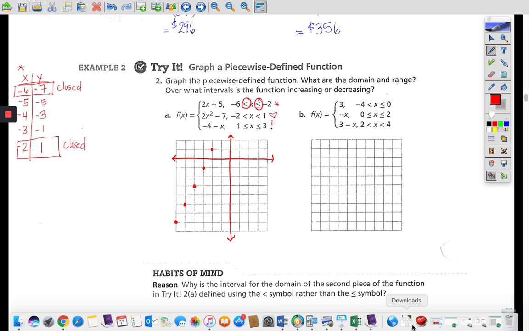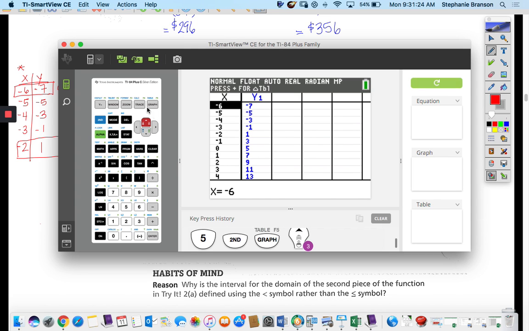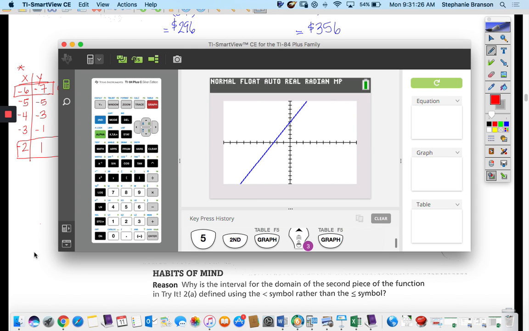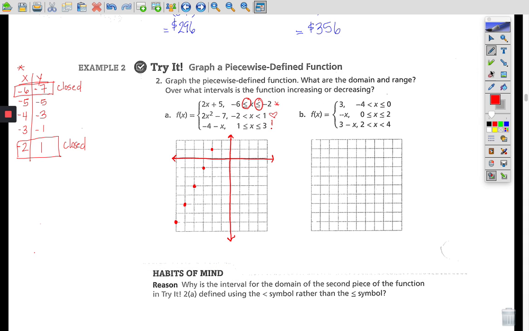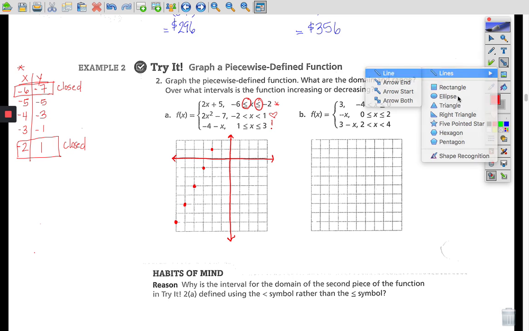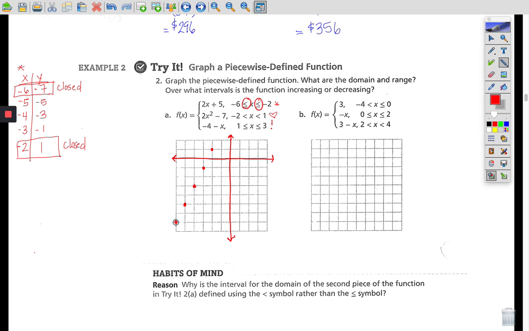To make sure that I draw this function correctly, it is a straight line, but I'm only going to connect these dots that I have here. Alright, so now we have gotten the first part of this.